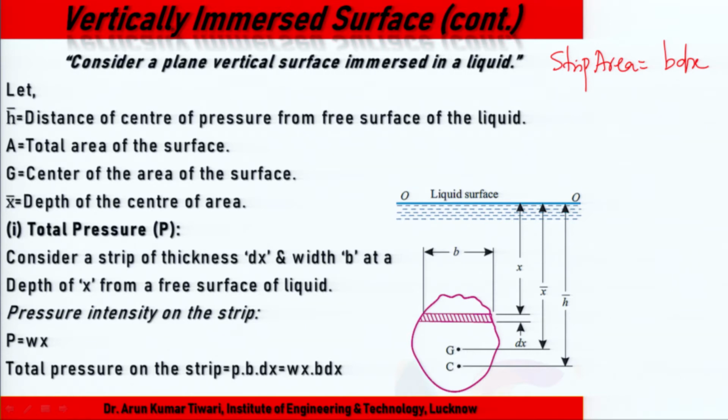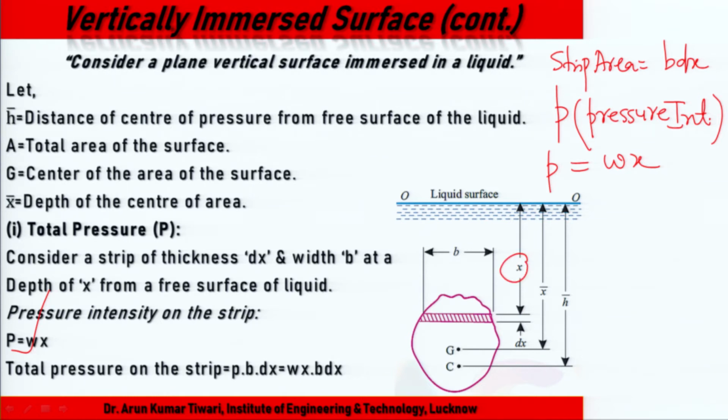And what is the pressure intensity? If you calculate small p, the pressure intensity, it is simply rho g h, so the pressure p equals W into x, where this depth is x.